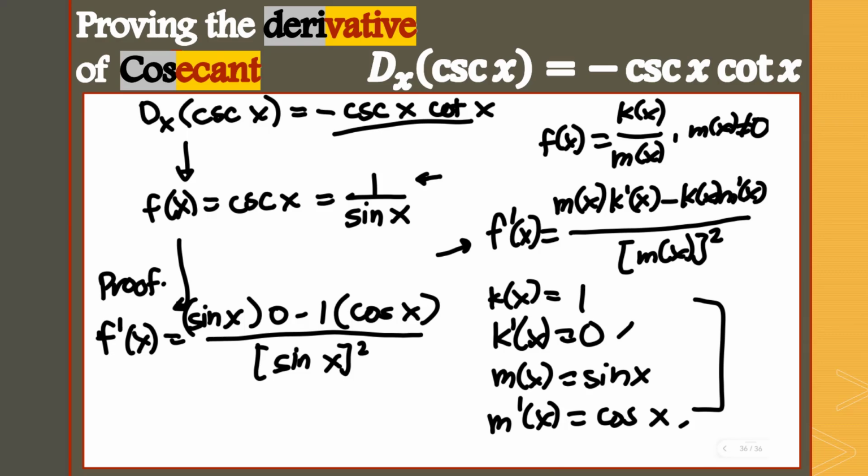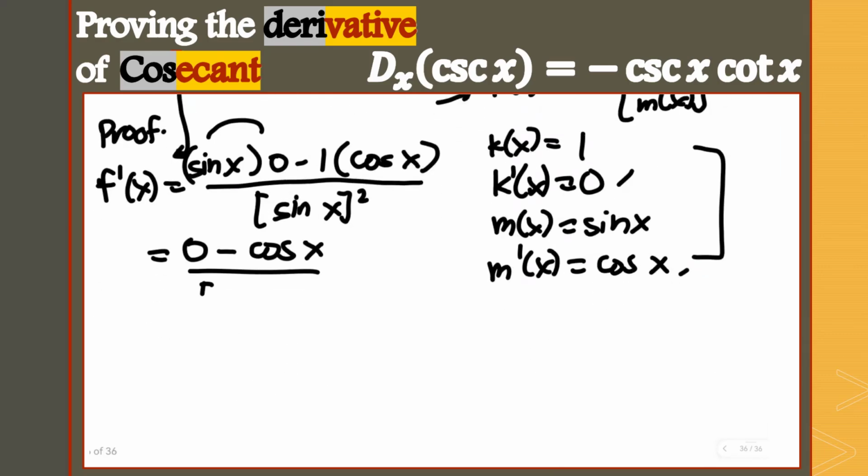Now sine times 0, that's 0, minus cosine x over the square of sine x. Let me not place the square here because I would like to separate the denominator on the next step.